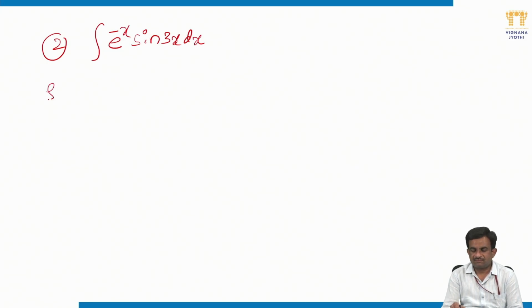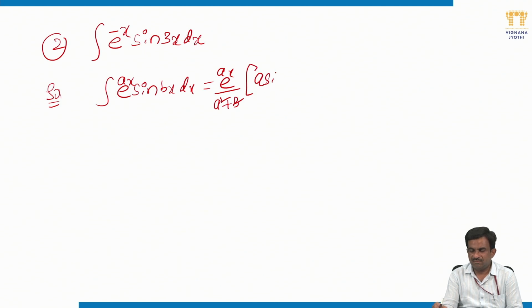Like that we also know the standard formula of integration of e power ax sine bx dx. This is e power ax divided by a square plus b square, into a sine bx minus b cos bx.